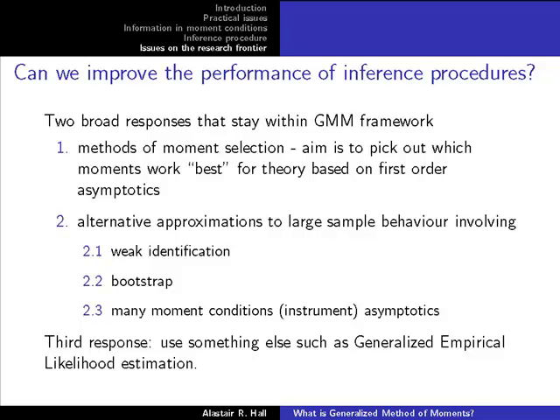That contains things like the continuous updating GMM estimator, empirical likelihood, and exponential tilting estimates. They're just different ways of coming up with estimates based on the information in population moment conditions. Some initial results suggest that they're very promising and may have some advantages over the traditional GMM framework in some settings that are of interest to us.